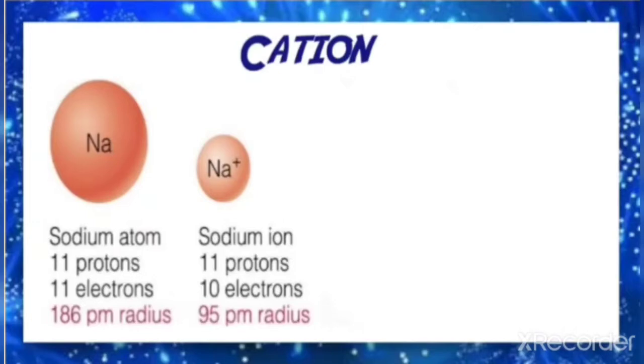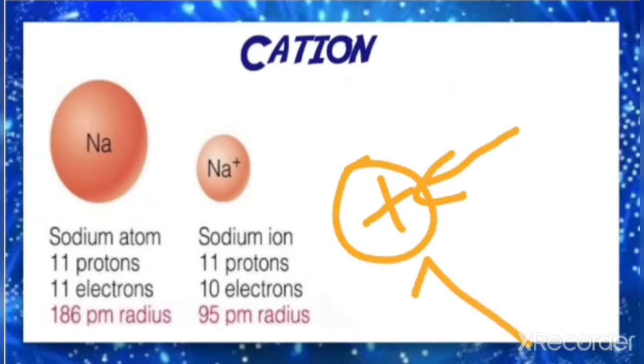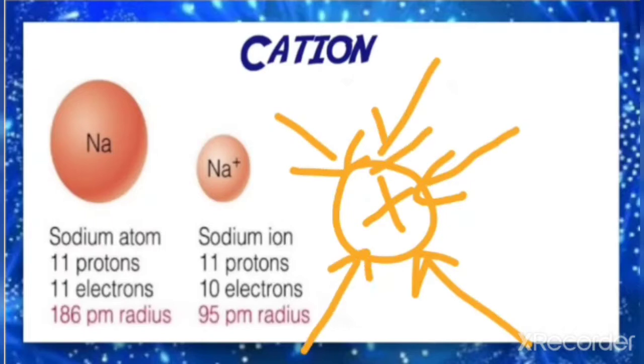The electrons are pulled more towards the nucleus. Because of the effective nuclear charge, there is a greater attraction of electrons towards the nucleus. So the electrons are pulled inward, and the size gets reduced.